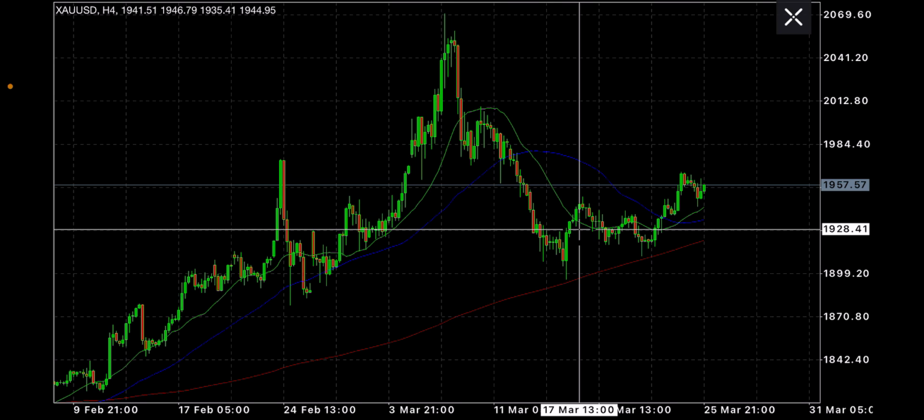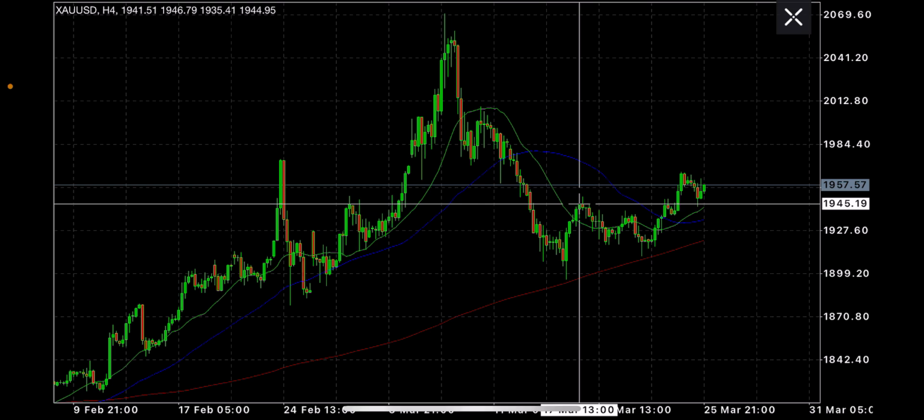But on the other side of that, if we start to see that gas prices are being controlled and inflation is being controlled, then we will see gold start to drop as the US dollar starts to gain strength.